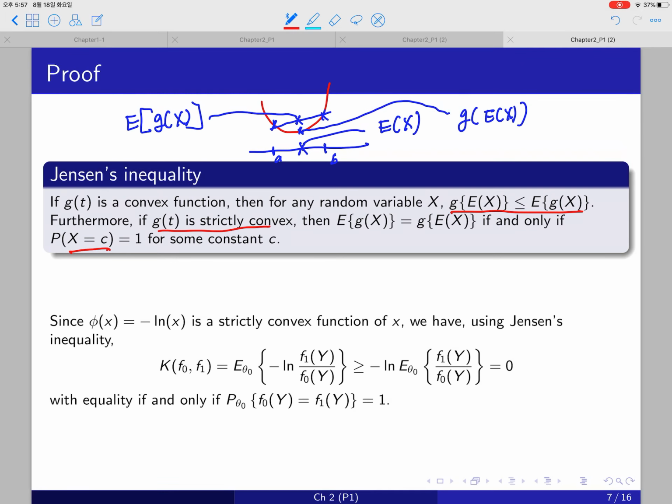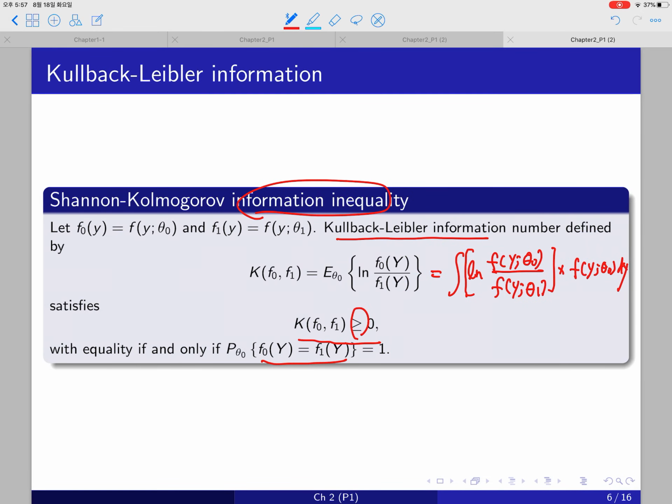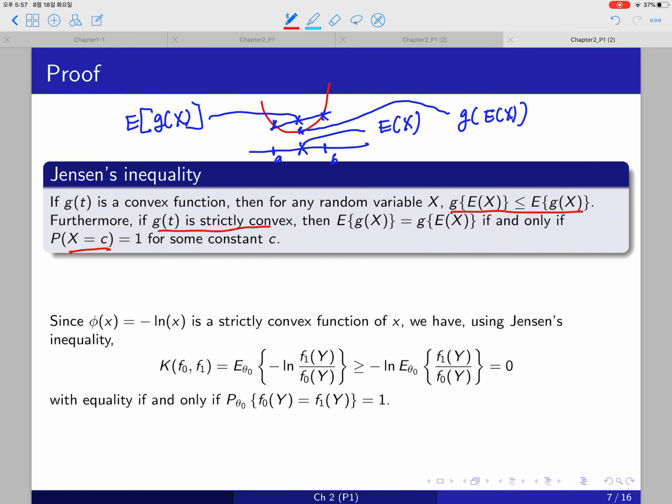We apply the information inequality, which uses Jensen's inequality, to this particular function. We should write it as g, sorry, because we already used g.